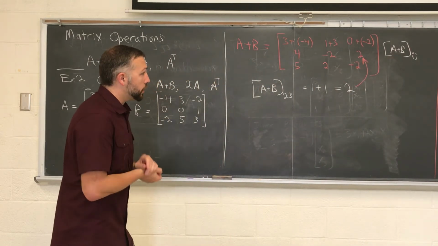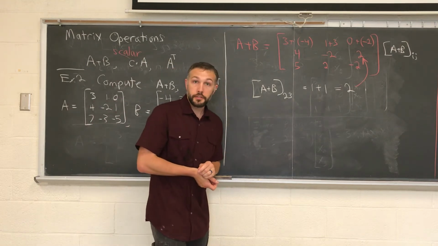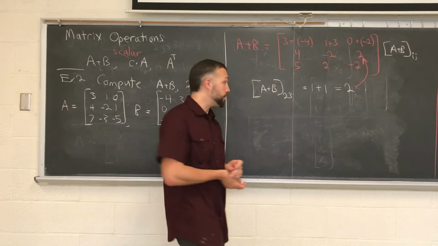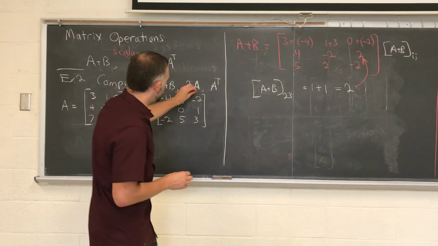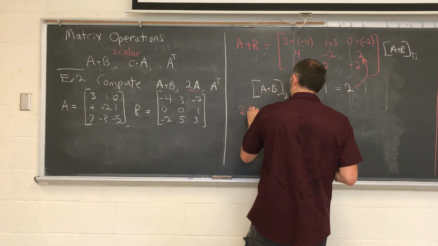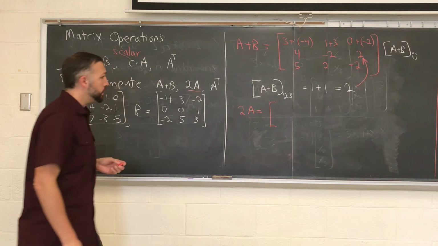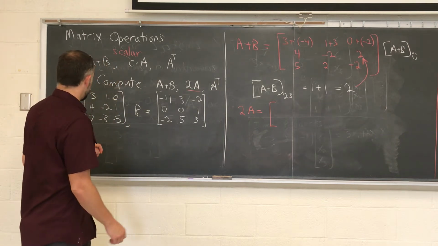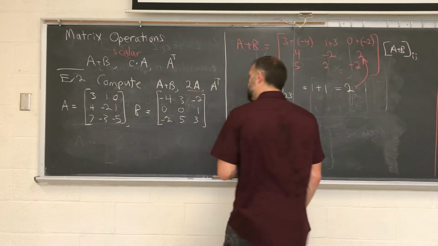Might look a little cryptic at first, but it's usually somewhat helpful to look at things like this from time to time. What about scaling a matrix? The next thing to compute is 2A. Well, 2A, we can really do this one right in place, can't we? And let me save a little space by squashing this calculation. If I double all of these numbers, that's what it means to talk about 2A.